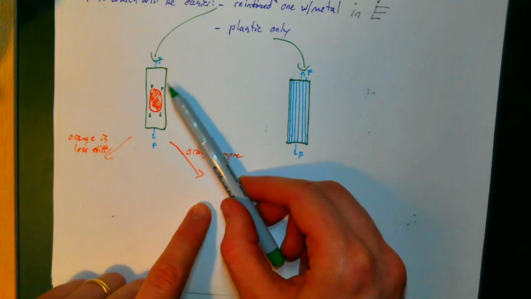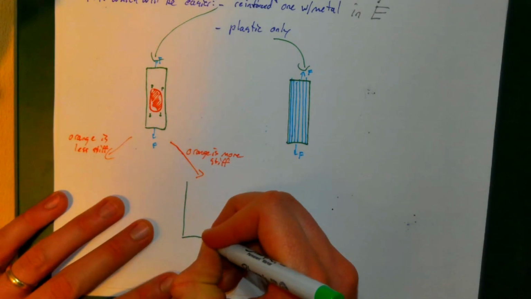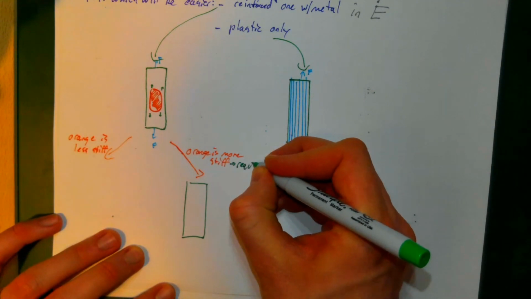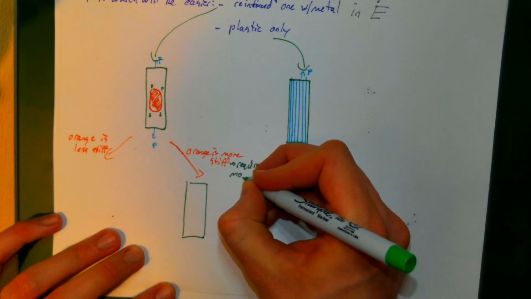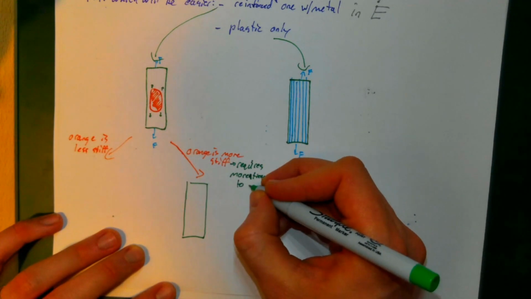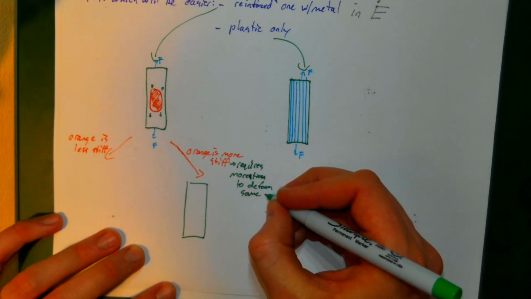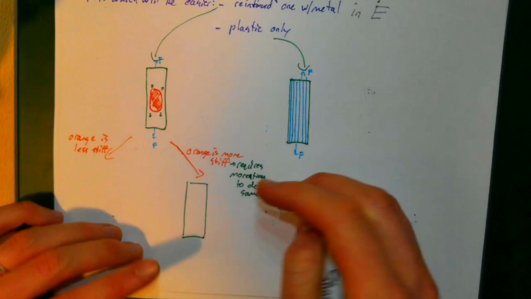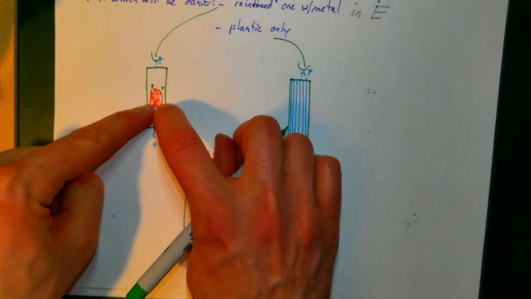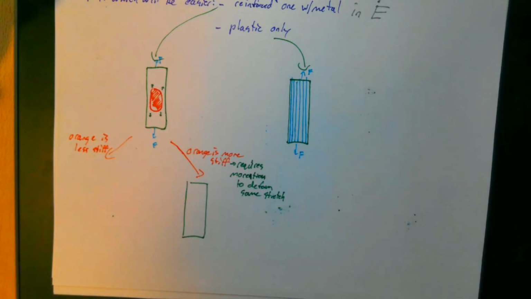So if the orange is more stiff than the surrounding green material, it basically requires more stress to deform the same stretch. As you can imagine, I'm stretching, the green wants to stretch, the orange doesn't want to stretch, so basically the orange almost sucks in some of that stress.